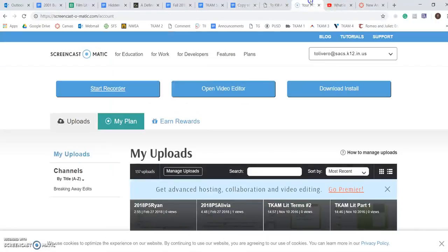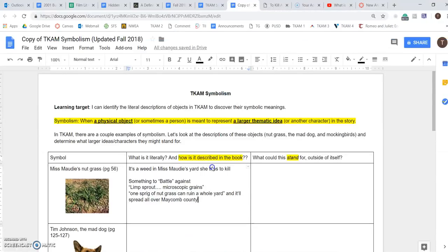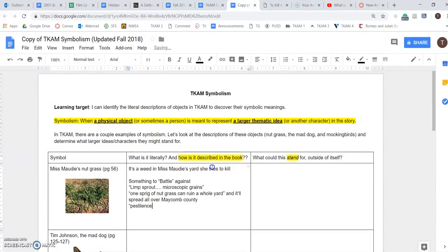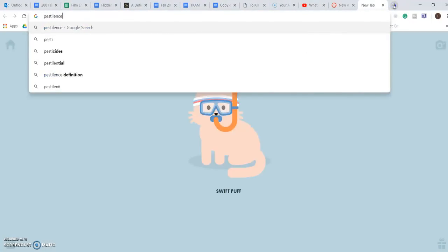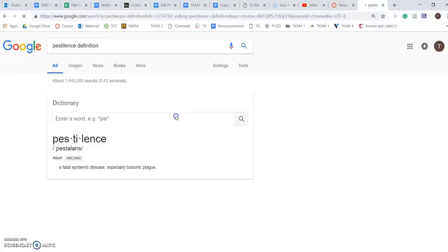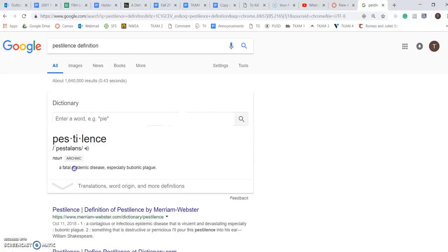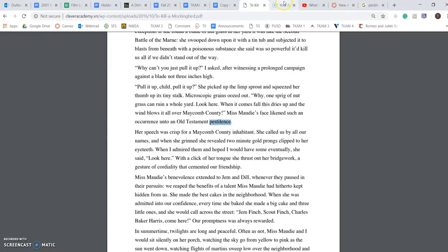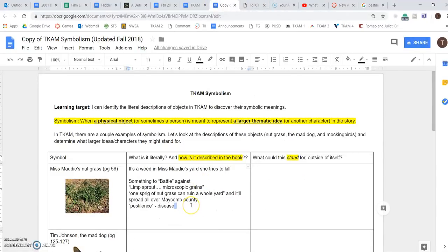The Old Testament part isn't as important, but pestilence, so a disease. If we Google pestilence, just to double check, yeah, it's a fatal epidemic disease. So a disease that spreads. Right? So that is what the nutgrass is literally, and that's how it's described in the book.